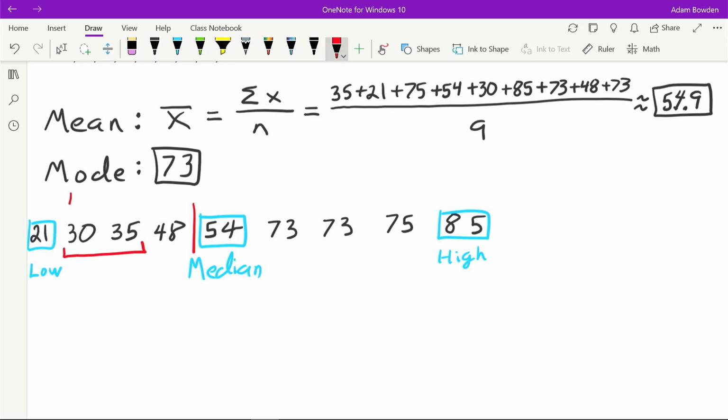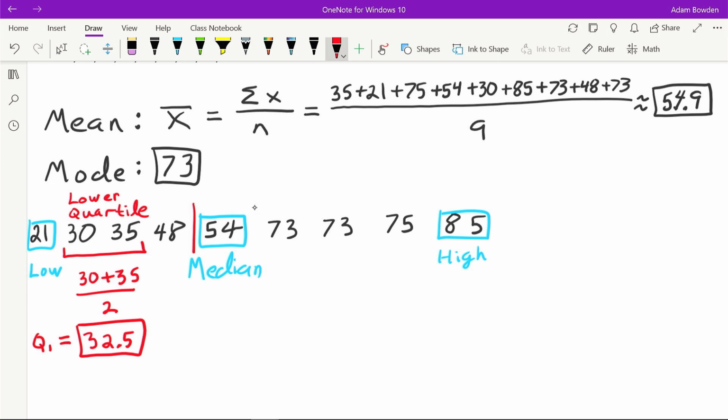So to get the lower quartile, in this case we have to take the 2 middle numbers in the lower half and add them and divide by 2. So 30 plus 35 divided by 2 gives us 32.5. Sometimes they refer to that as Q1 for the lower quartile.